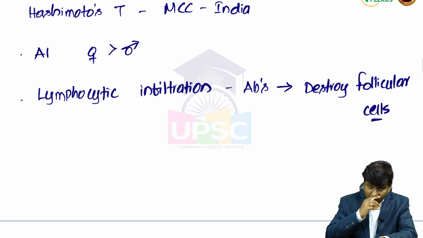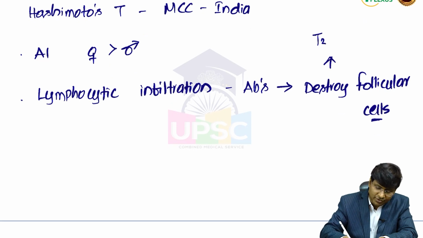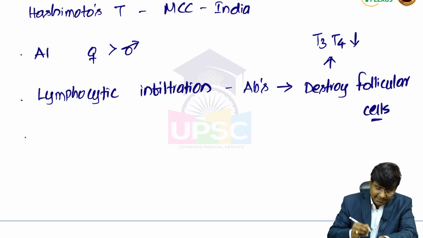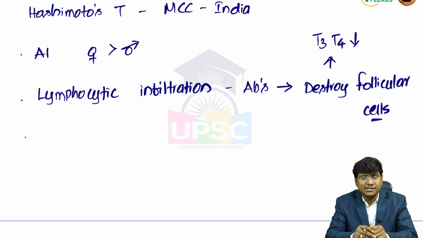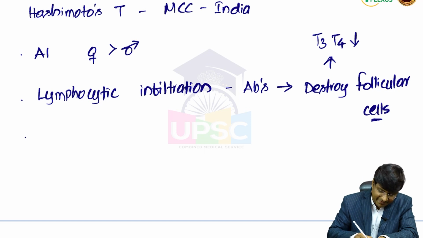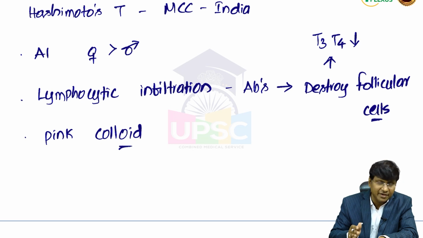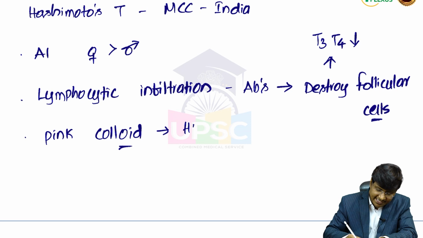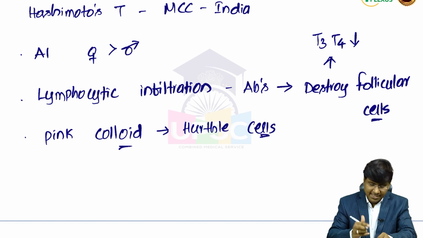Once there is destruction of the follicular cells, what will happen to the T3 T4 levels? The T3 T4 levels will be reduced. Even after the destruction of the follicular cells, some existing follicular cells are filled with pink colloid, and these follicular cells filled with pink colloid are called Hürthle cells.